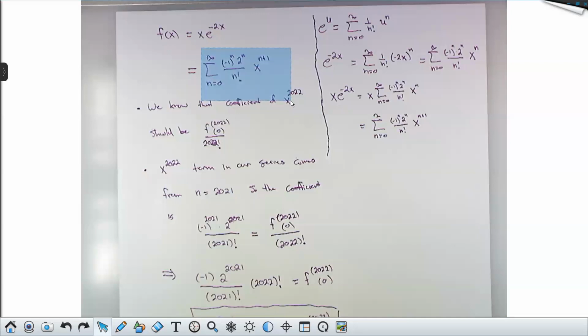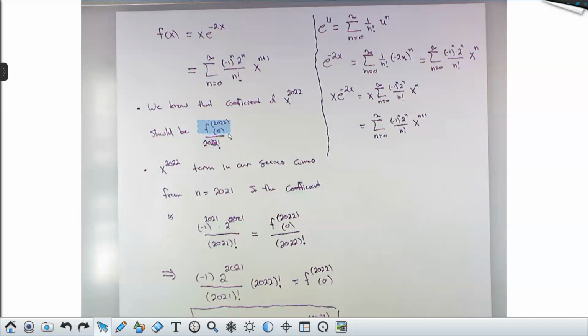So the series has a bunch of terms in it, and the term that has the x to the 2022 piece is the term associated with the index value n equals 2021. So if you plug n equals 2021 in here, you get this thing times x to the 2022. And we're just looking for the coefficient. So I just take this thing and I set it equal to this thing.